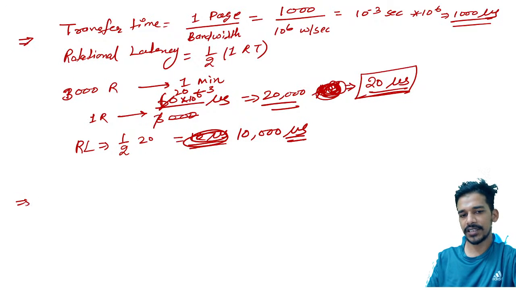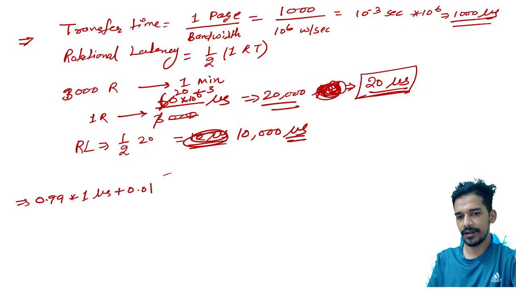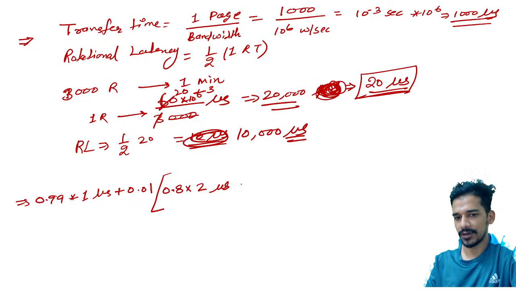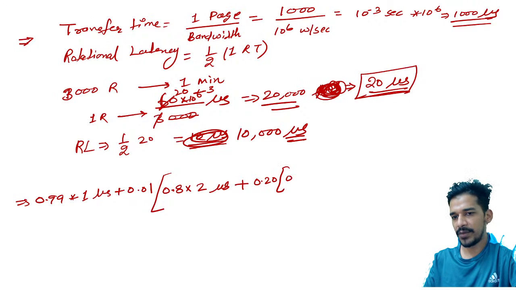So we know that the equation is 0.99 into 1 cycle, that is 1 microsecond, plus 0.01, and out of those 80% will access the current page, which is already in the memory. That means it will require 2 microseconds only, 2 cycles only, plus 20% of the 1%, of which 50% will be modified.